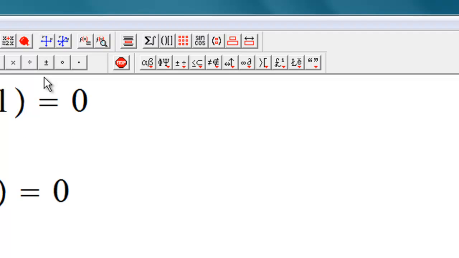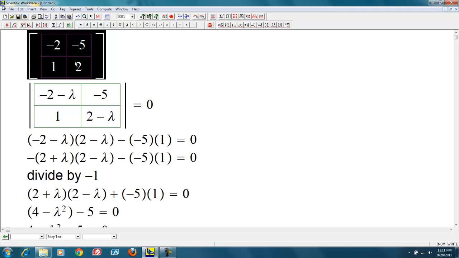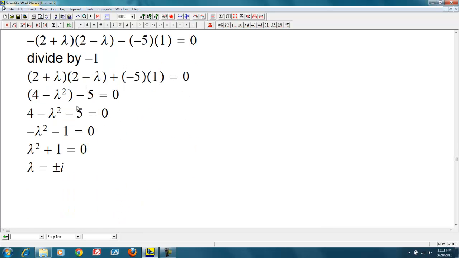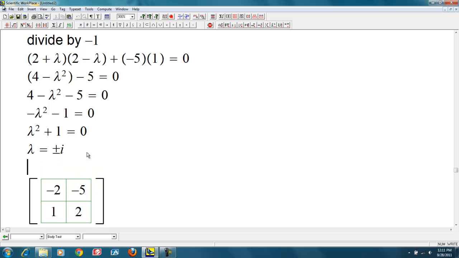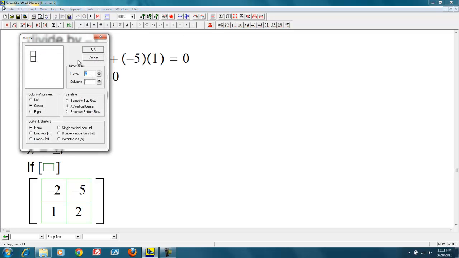Now, when you are finding your eigenvectors, what do you have to do in that case? You take this, right? Say you got this here.